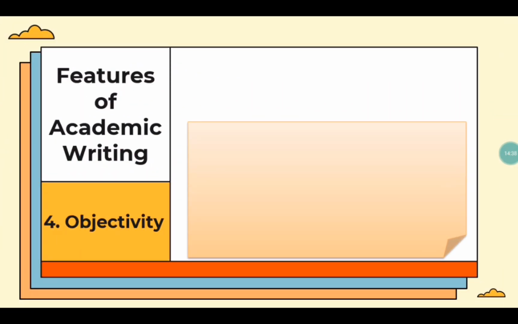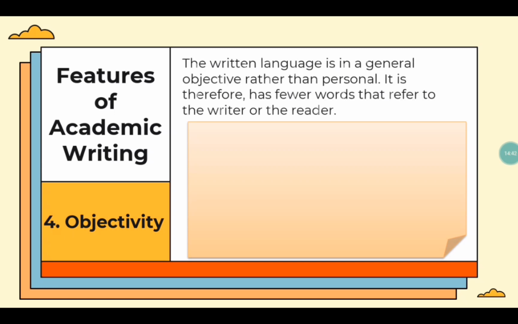Academic writing should have objectivity. The written language is generally objective rather than personal. It therefore has fewer words that refer to the writer or to the reader. This means that the main emphasis should be on the information that you want to give and the arguments you want to make rather than on you.